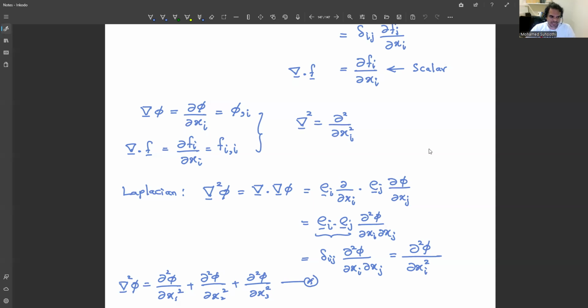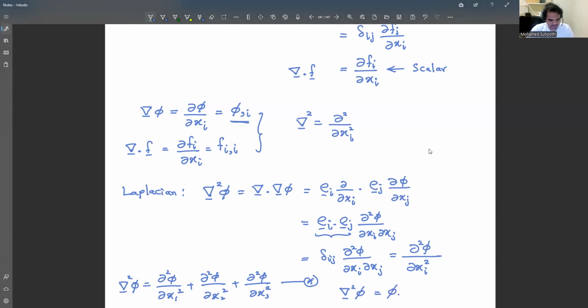Before moving to the divergence theorem, in our last discussion, the Laplacian we can write in this way, similar to this notation. So how can we write the Laplacian in that notation?